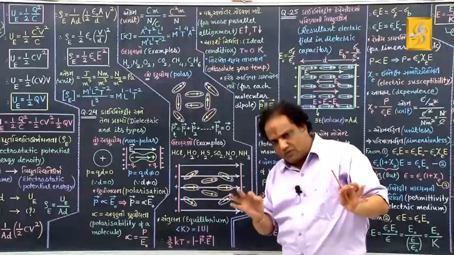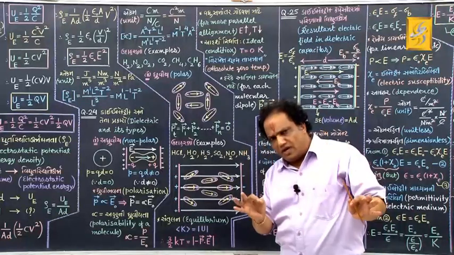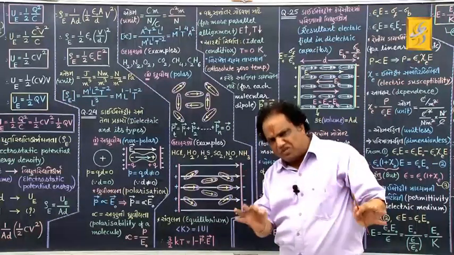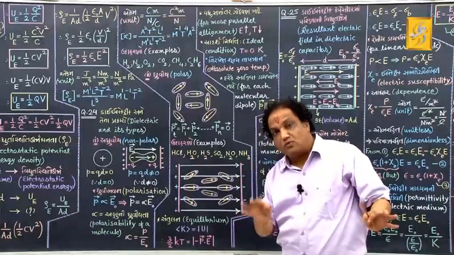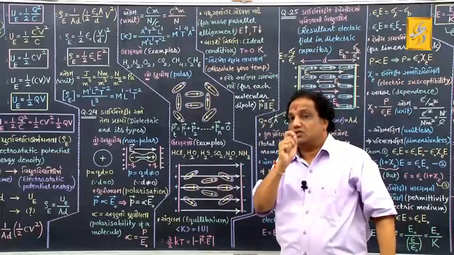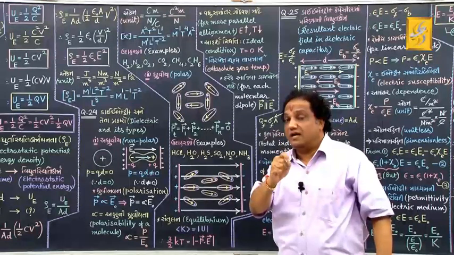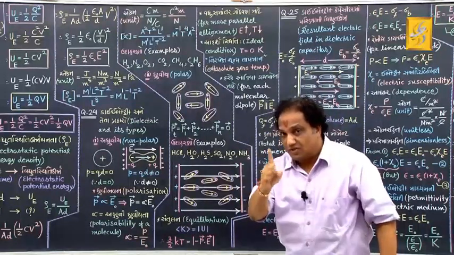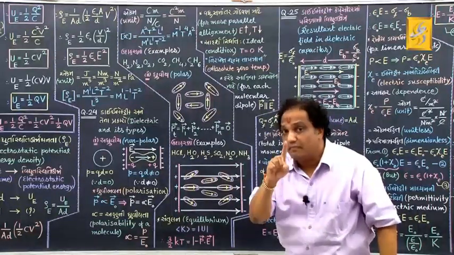But if you want all the atomic dipoles to be perfectly parallel to the applied electric field, then you must take that as an ideal condition, because it is not obtained so in practice.